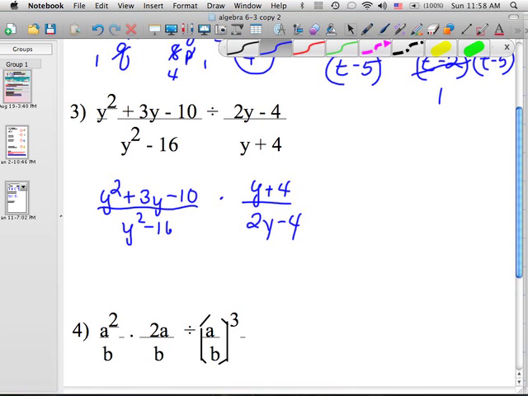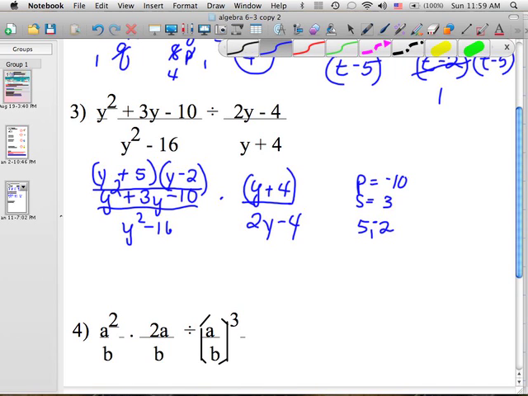The trinomial can be factored. Product is negative 10. Sum is 3. So 5 and 2 would work, if 5 was positive and the 2 is negative. So the square root of y squared is y. One of these is plus 5 and one is minus 2. So I can cross that out. Y plus 4 is completely factored, so make it a factor.